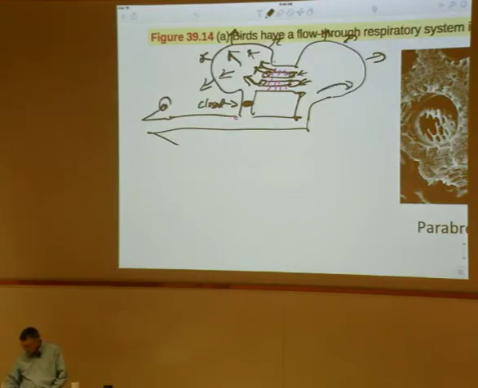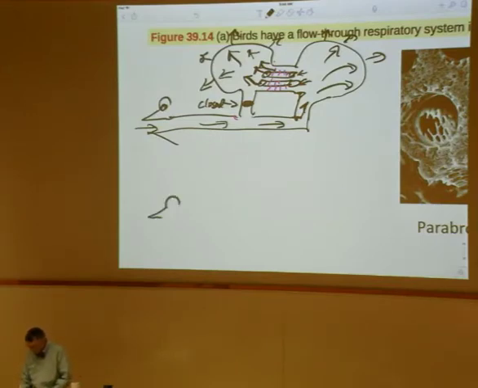Air is also being pulled in here, which means air is going into the bird mouth. So when the bird is inhaling, air is moving in one direction to the parabronchi.